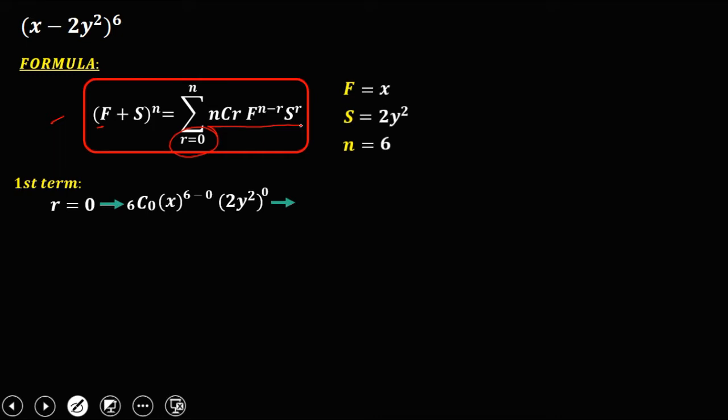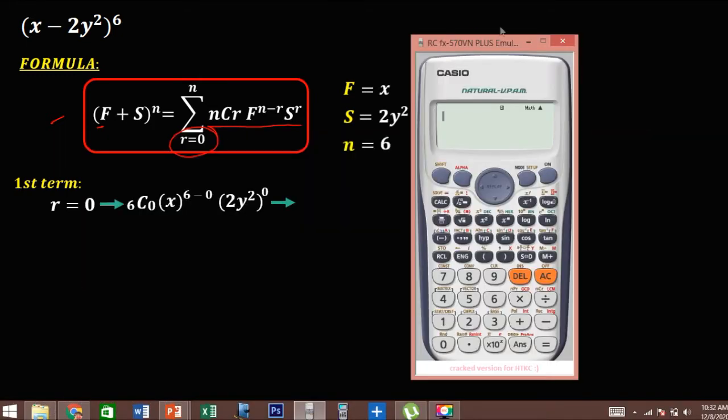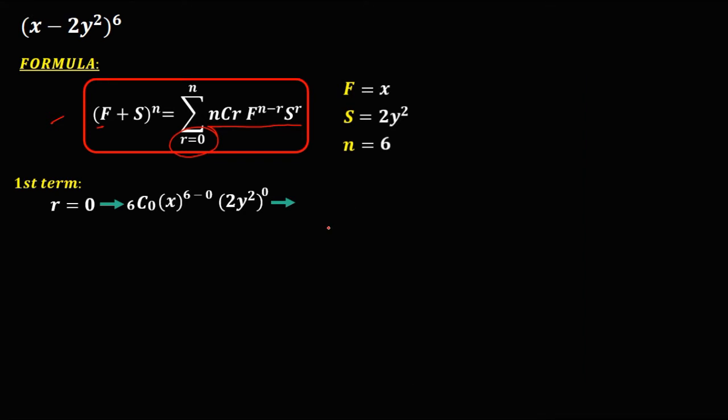Using the calculator, 6 choose 0 is equal to 1. Then 6 minus 0, that's x to the power 6, and any number raised to 0 is equal to 1. So the first term is x to the power 6.